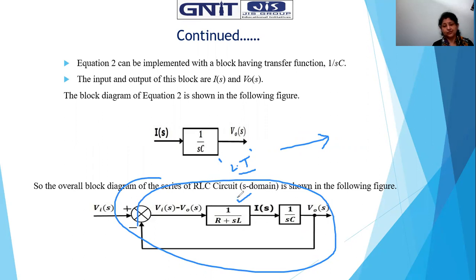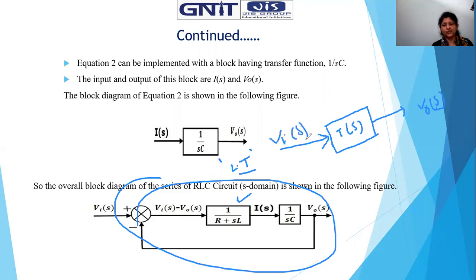And also you are analyzing in the S domain, then taking the Laplace inverse transformation, you are converting the output again into the t domain. So for this case, you represent a single block with the total transfer function of the system, where the output ultimately will be VO(s) and the input will be only VI(s).